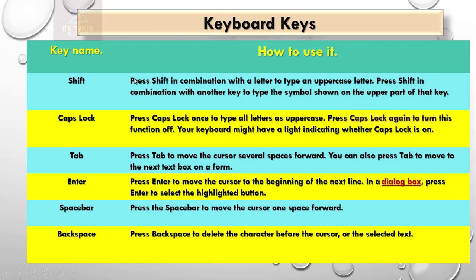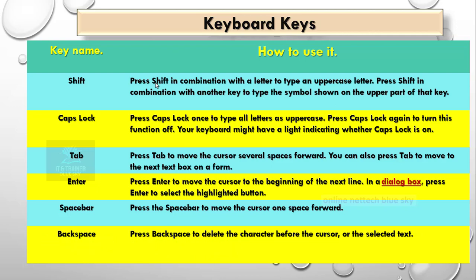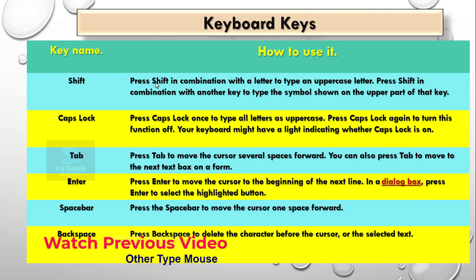So how does the shift button work? Press the shift button, hold it, and press another button like F, or anything you want in uppercase. So that is how the shift button is used.